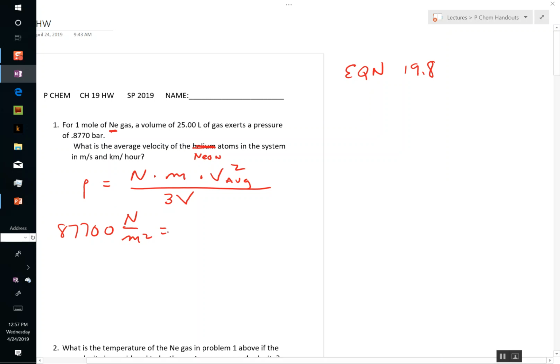So n here is Avogadro's number. Or n times m is the molar mass, the molar mass in kilograms.